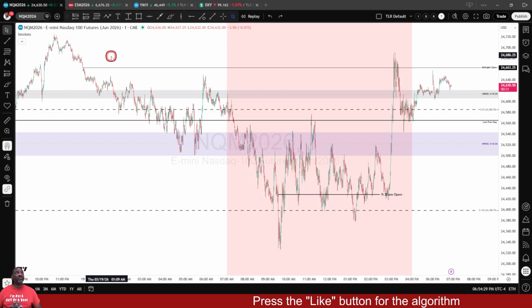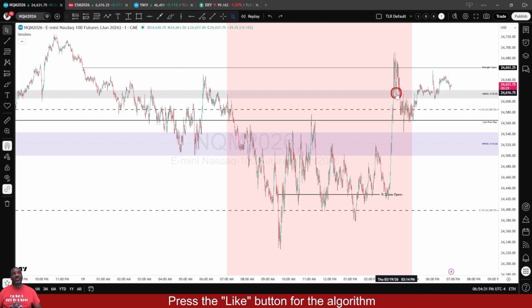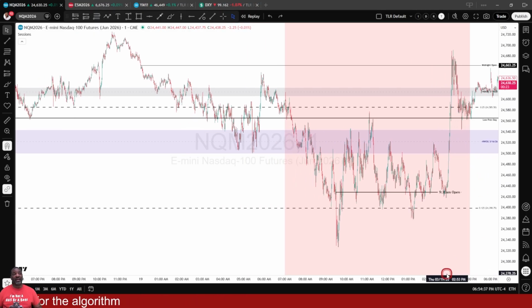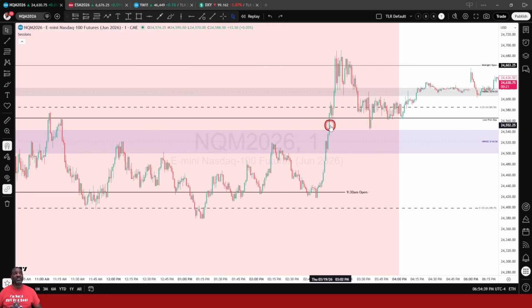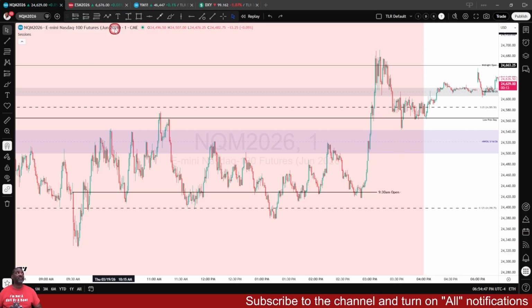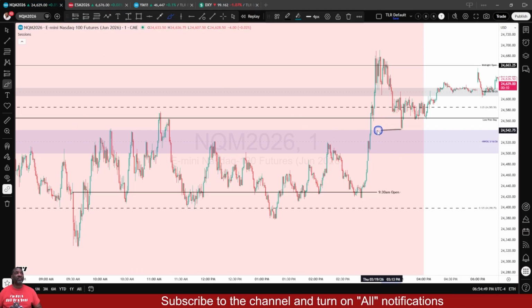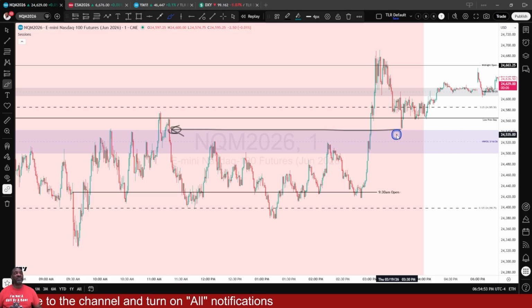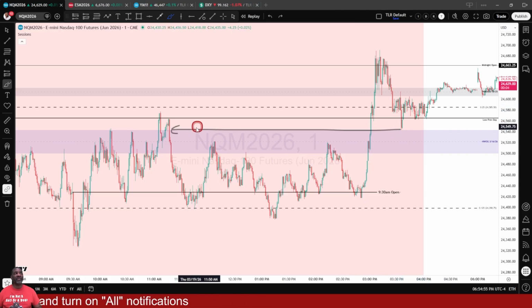Then once we came all the way back up above midnight, traded back down and hung around that lower quadrant, not before we poked down into that BISI right there. Not only did we poke down into that BISI, if we look right over here, traded into that inversion fair value gap before hanging out right there.